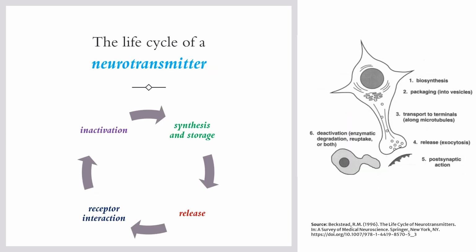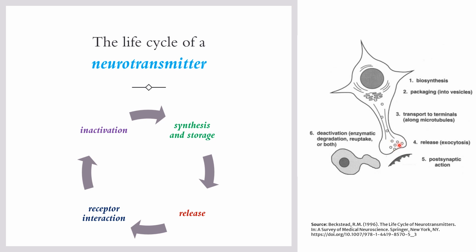Okay, we know that the neurotransmitter is the key to the chemical synapse, so on this slide we will discuss the life cycle of the neurotransmitter. We know that at the end of the terminal there are vesicles with the neurotransmitters, and they will be released and diffused in the synaptic cleft.